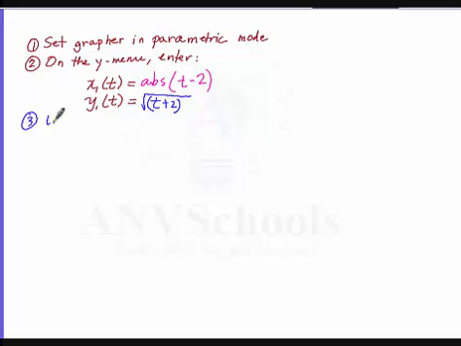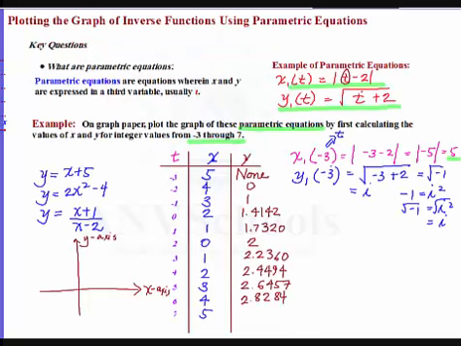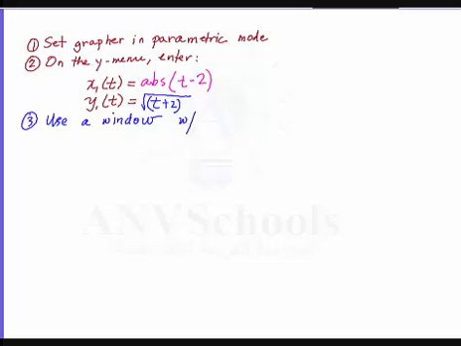And then after that, step number 3, use a window. In the requirement, we have t from negative 3 through 7. Because your grapher has the characteristic to perform a given interval for t, for graphing parametric equations x of t and y of t, we have to set the window with certain intervals for t.